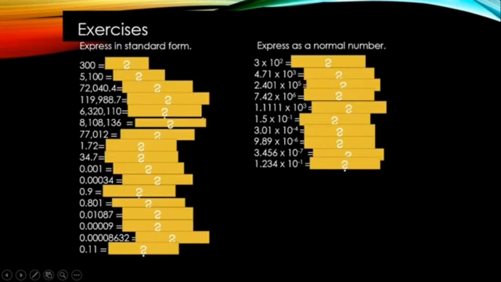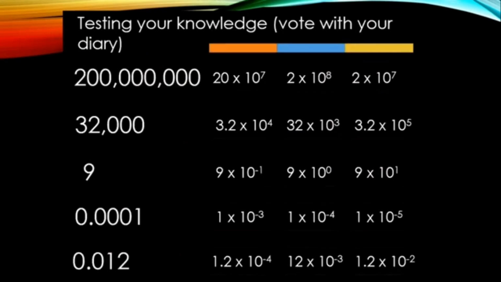Let's check. Yes, it's correct. That is our answer there. At this point, you can pause and try out a few problems to express in standard form, and to express as normal form. All right. Now, let's test our knowledge with this simple exercise.